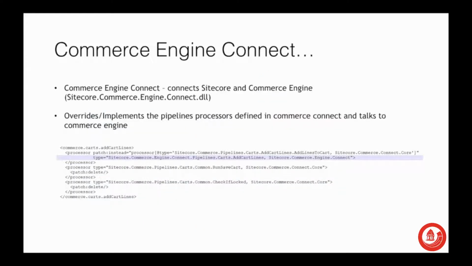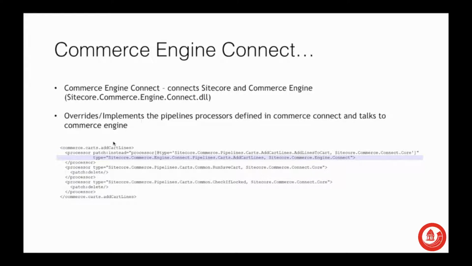So Sitecore commerce engine connect connects Sitecore and the commerce engine. You can see this is the specific DLL where all the commerce engine connect code is implemented. This overrides or implements the pipeline processors defined in commerce connect and talks to the commerce engine.